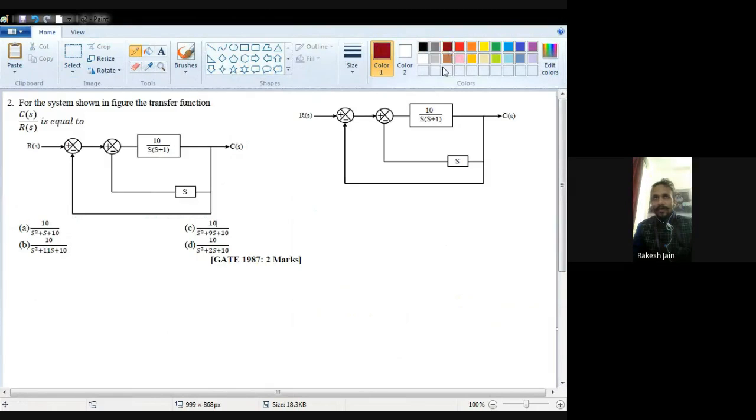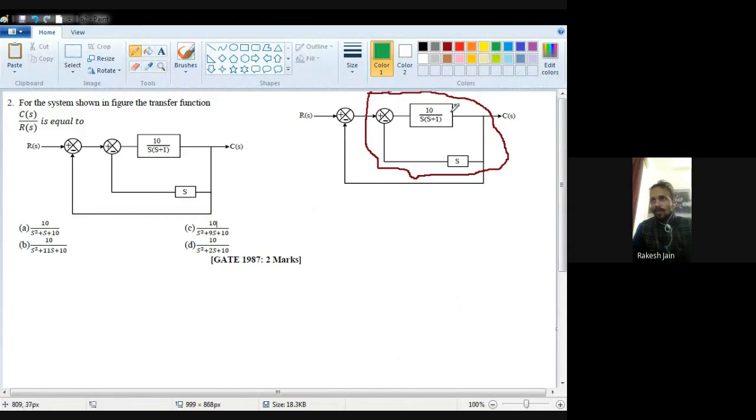I just draw it with the help of this pencil. So see, first of all we will solve this one. What is the forward gain here? I just type with the green color to show you that this is my forward.